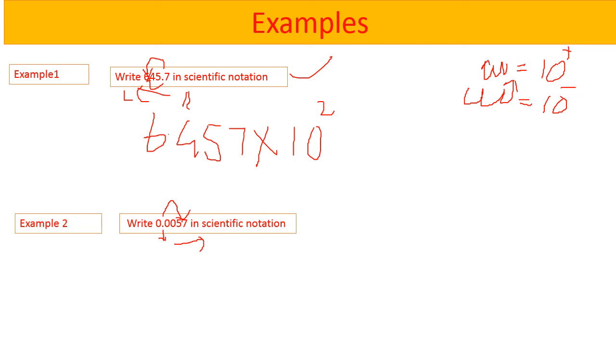We write this number in scientific notation as 5.7 into 10 raised to the power minus 3, because we move the decimal 3 digits from left to right.